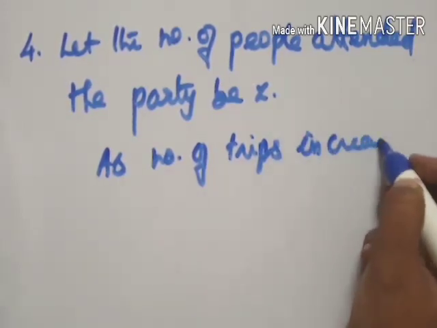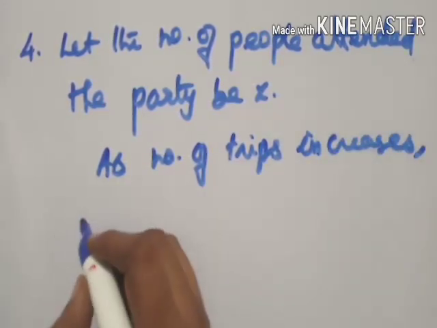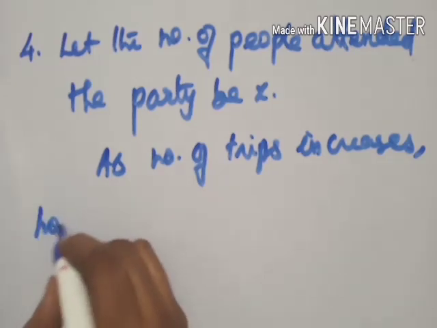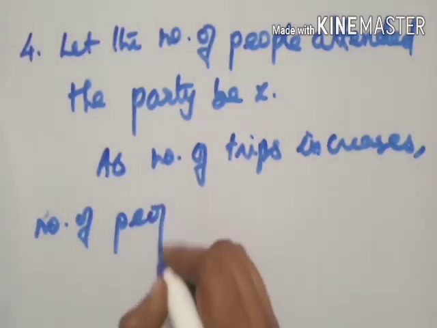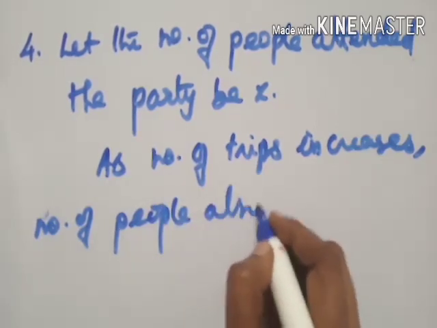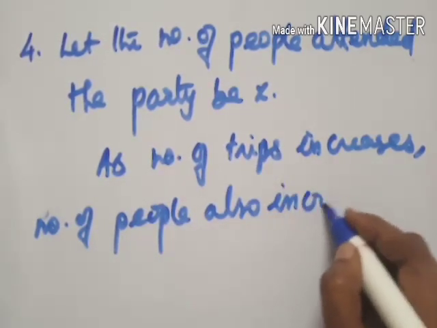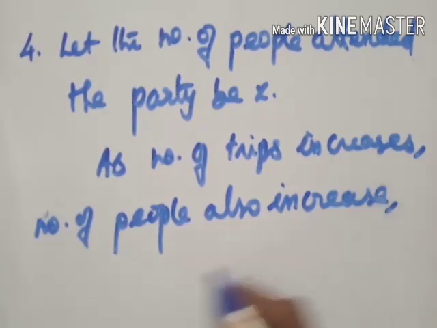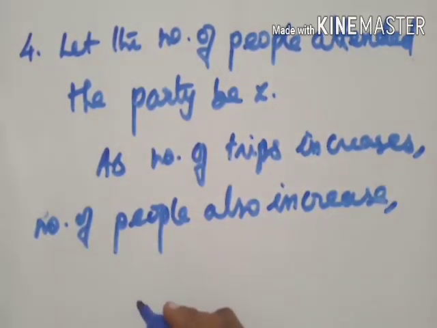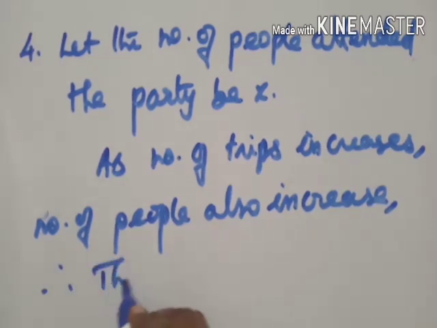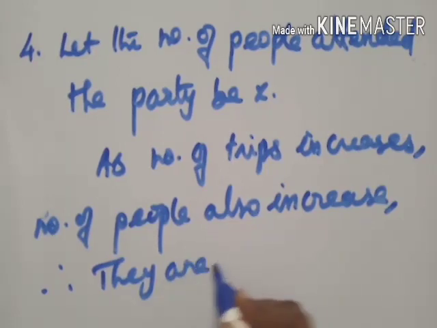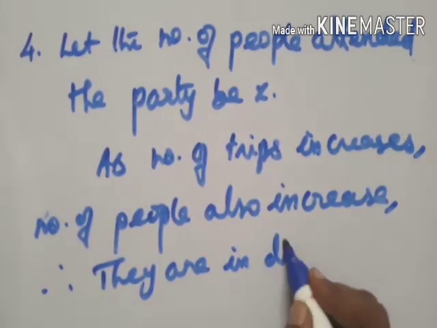So number of trips increases, so number of people also increases. Therefore, they are in direct proportion.